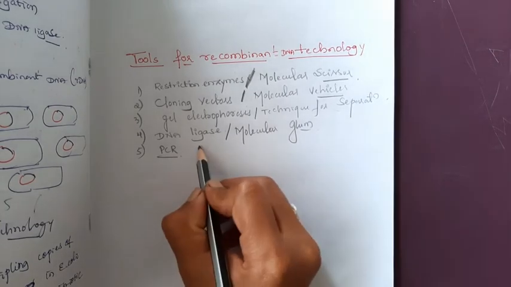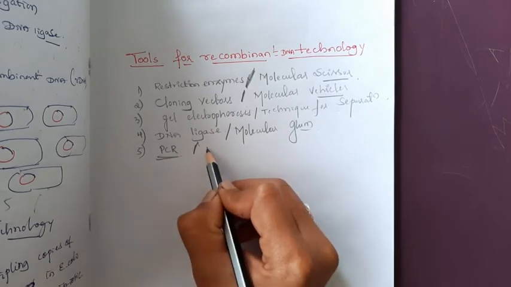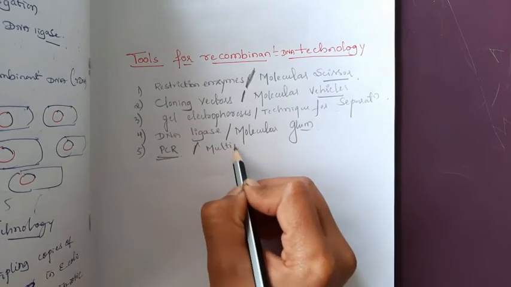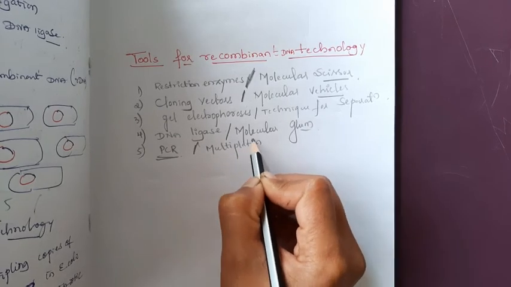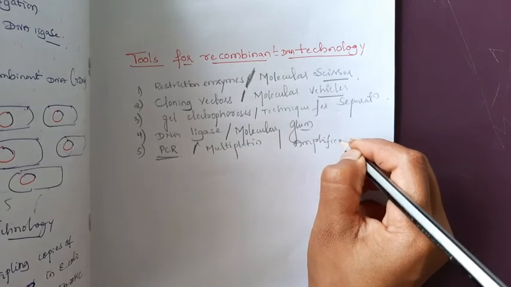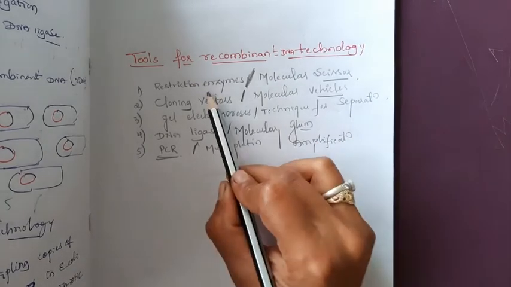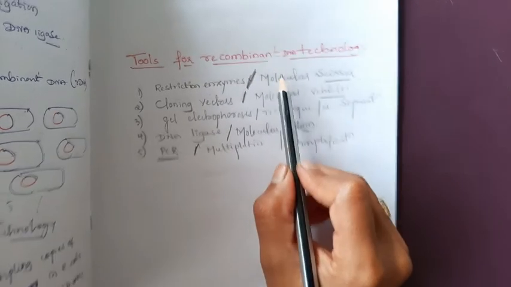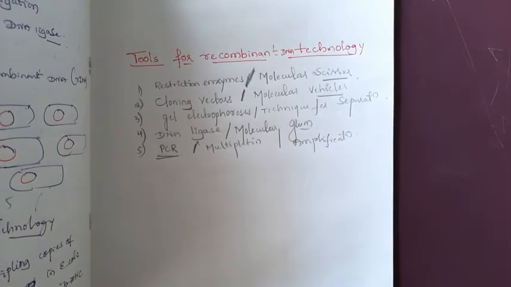Then PCR is a technique for multiplication or amplification. Suppose by using the restriction enzyme we cut the gene of interest. By cloning vector, the gene of interest is transferred into the host organism. By gel electrophoresis, the DNA fragments are separated and identified.